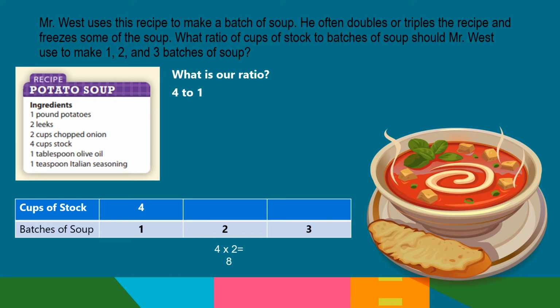So there would be 8 cups of stock in 2 batches of soup. To find how many would be in 3 batches, I would do the same thing by saying 4 times 3, which gives me 12. Therefore, there are 12 cups of stock in 3 batches of soup.